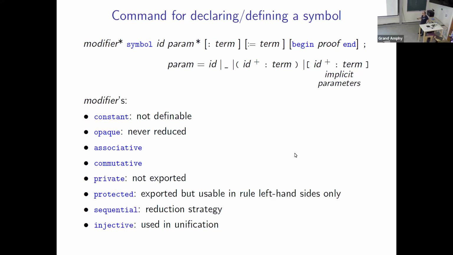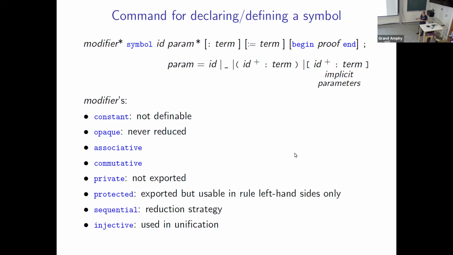And then there is also some information we give to the system about this symbol, like saying that it's a constant, so it means that no rule can define this symbol. Or it is opaque. What does that mean? You give a definition, but then you never unfold this definition. The interest is that usually, when you give a proof of a theorem, the proof is actually a definition, but usually you don't want to unfold the proof.